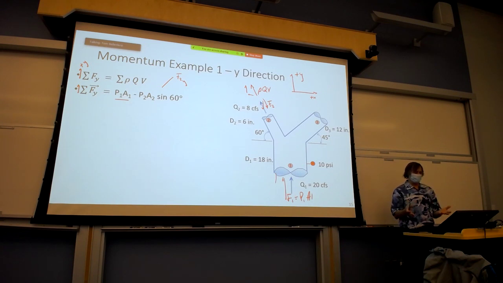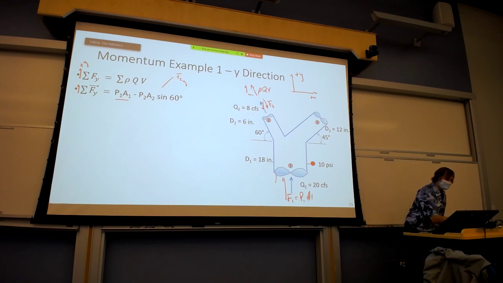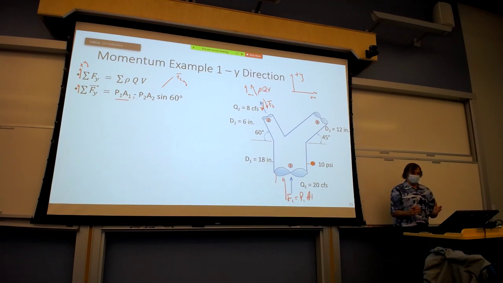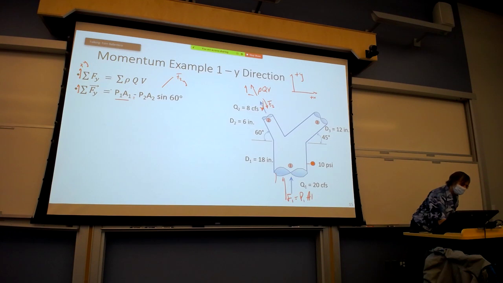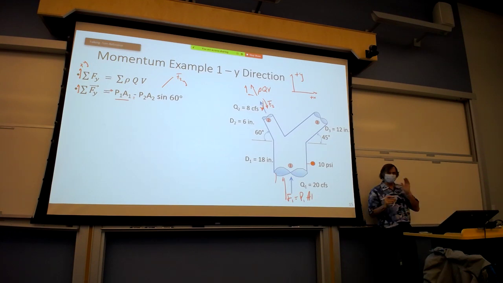The component in the y direction is now the sine of 60 degrees, and it's operating in the negative y direction. Just like force 1 was operating in the positive y direction, and so we follow that sign convention for each of the forces.